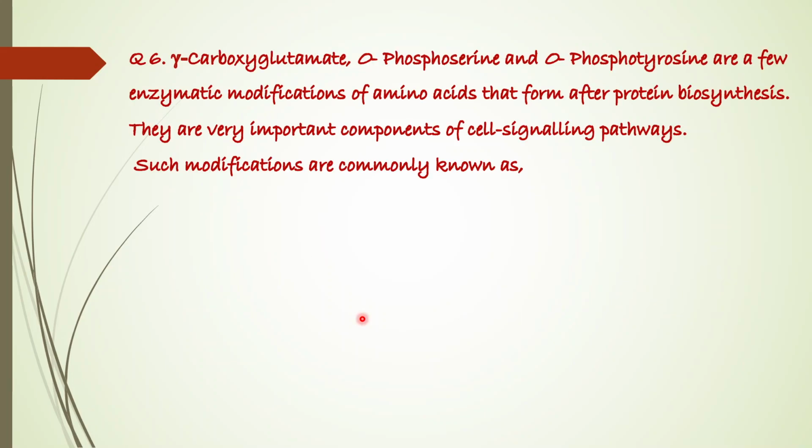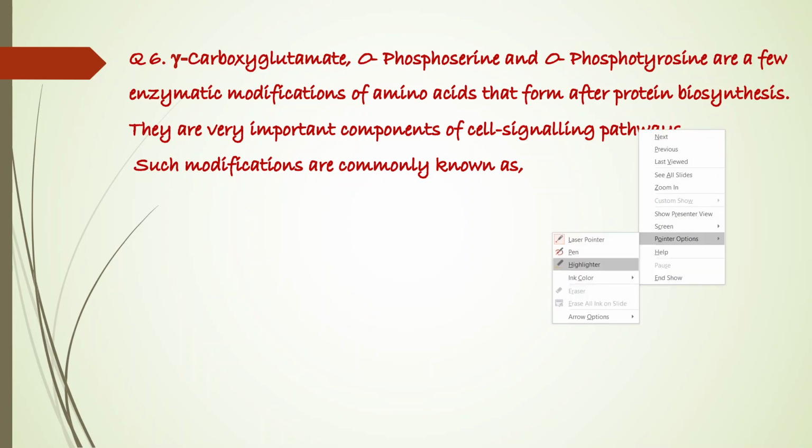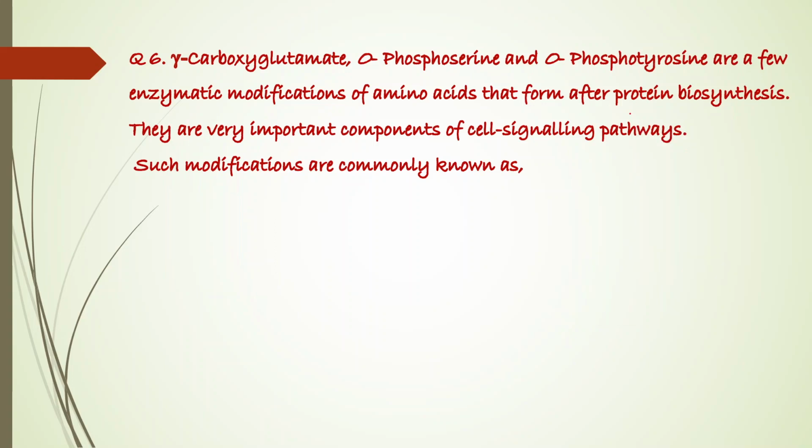Okay, moving to the next one. This states gamma-carboxyglutamate, O-phosphoserine and O-phosphotyrosine are a few enzymatic modifications of amino acids that form after protein biosynthesis. The important point here is that after protein biosynthesis, the enzymatic modification is happening.